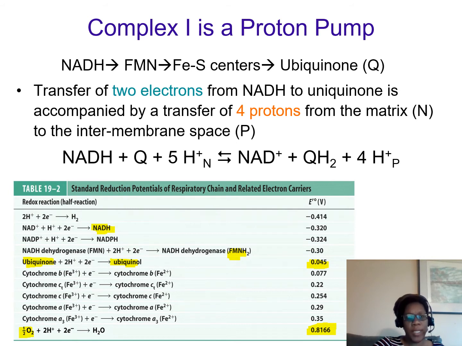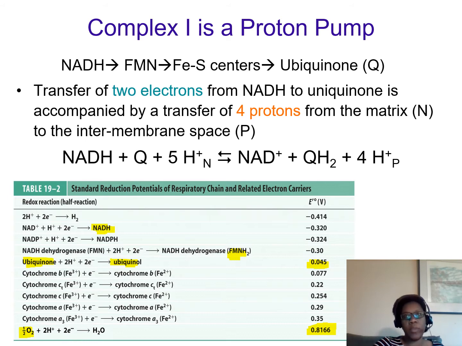So going from NADH to FMN to ubiquinone, or Q, makes sense because we're going from a low reduction potential to a higher reduction potential. And then we're going to see in our other complexes that we go from cytochrome C1 to cytochrome C. They have higher and higher, in a stepwise fashion, reduction potential. And then we're finally going to get it to oxygen, which has the highest reduction potential.